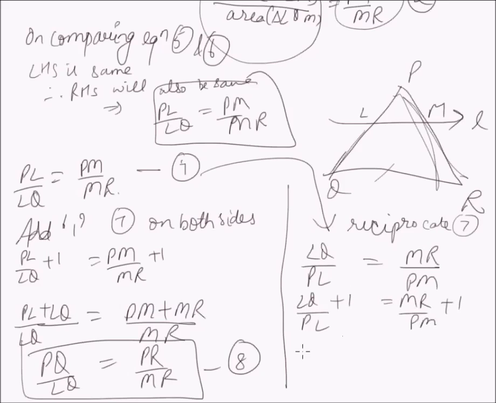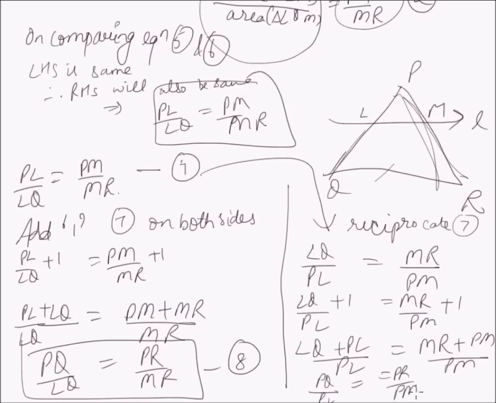We will get, on LCM, LQ plus PL over PL is equal to MR plus PM over PM, and PL plus LQ is PQ over PL, and PM plus MR is PR over PM. So here we have included the upper part and the complete side in both the cases. In this part we have included the lower divided part and the complete side.